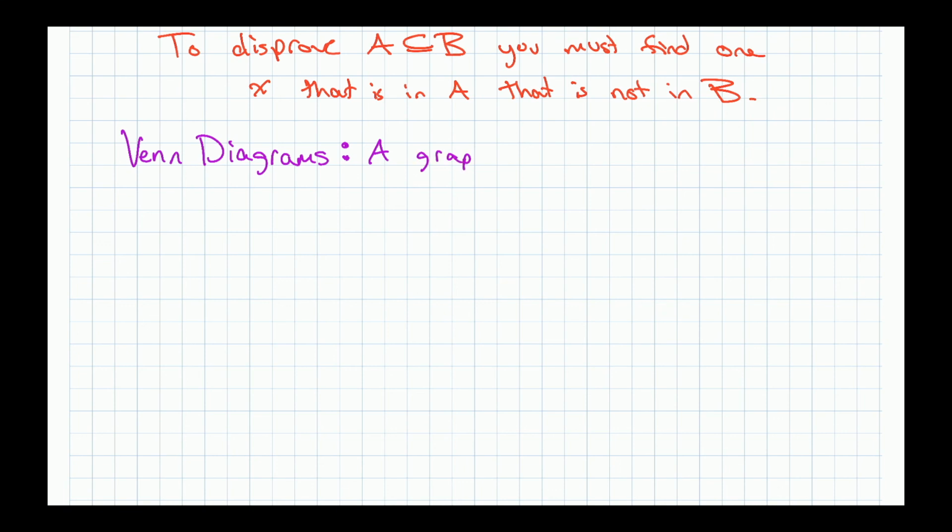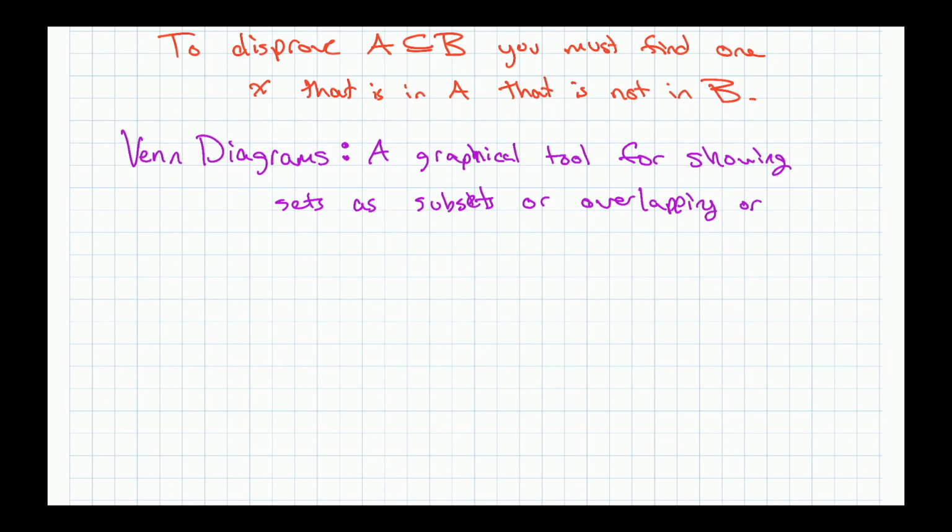So it's a graphical tool for showing sets as subsets or overlapping or not overlapping other sets. And I'm not really going to go through it a lot. I think that you understand this stuff.